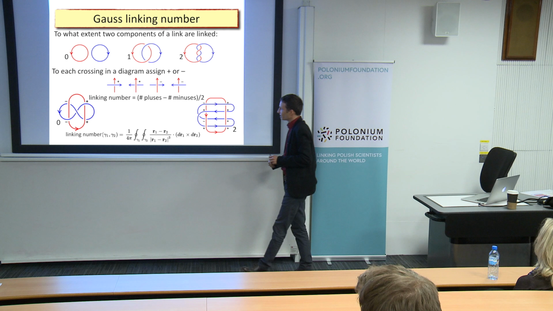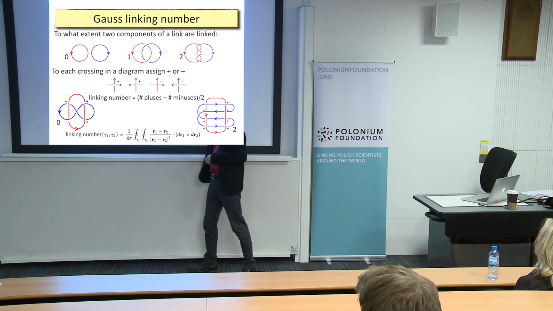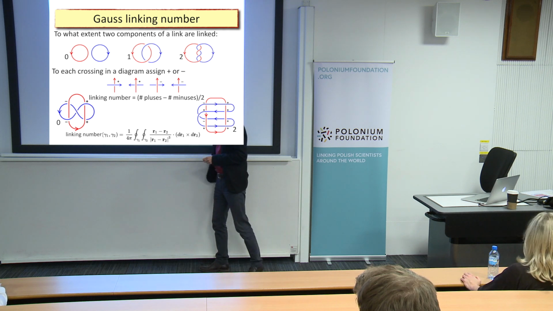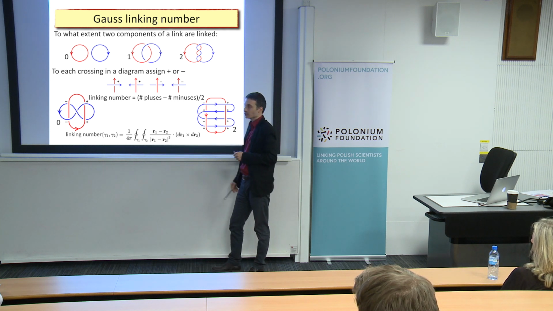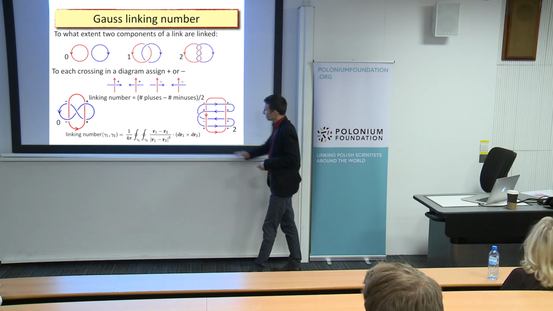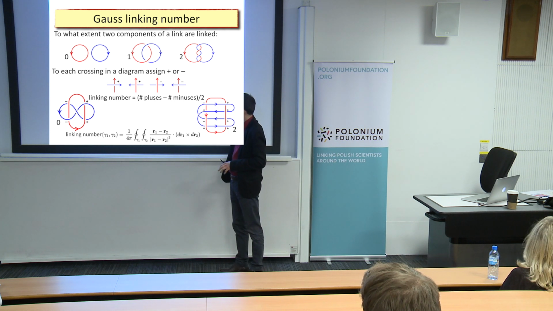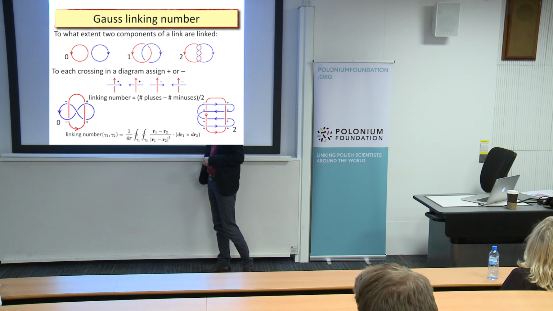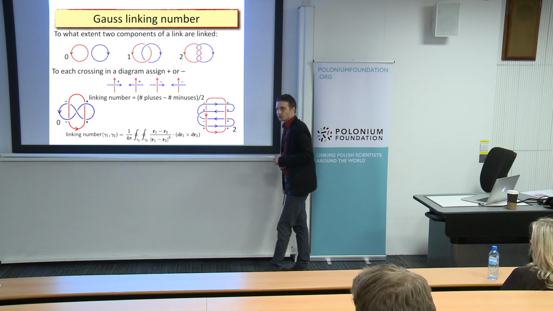And there is also the statement that you can compute this linking number by doing some double integral, where each of those integrals runs over each strand of a link you consider. So the form of the integral is not that important for us, but what is somehow interesting is that this integral is a kind of continuous operation.